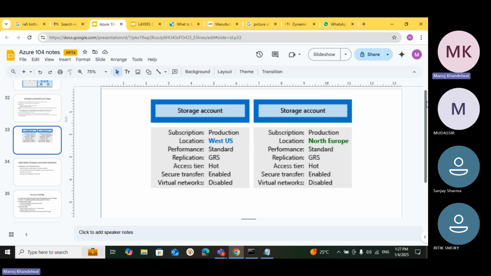Sir, the location. The location is different. Correct. Clear? This is for GRS. It can be the same data, but it is stored in another zone. So it is like GRS now.